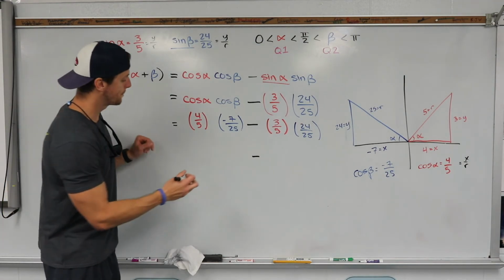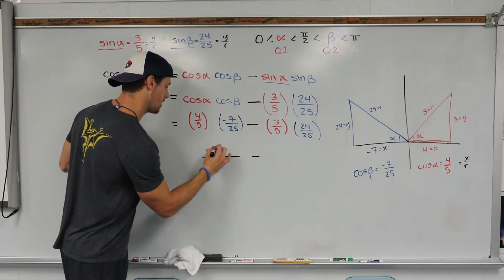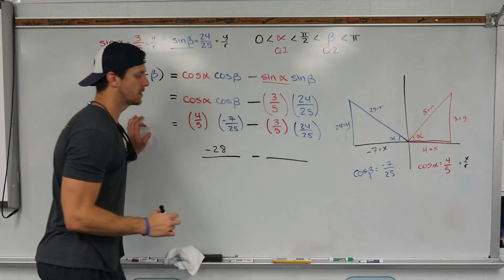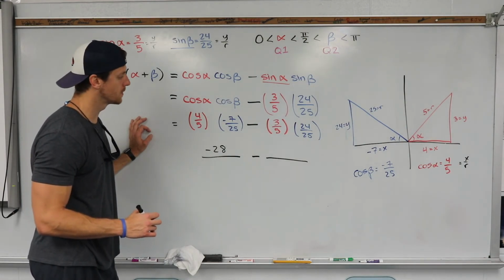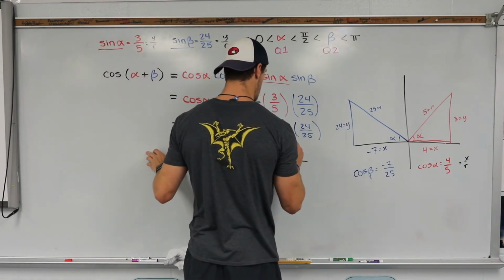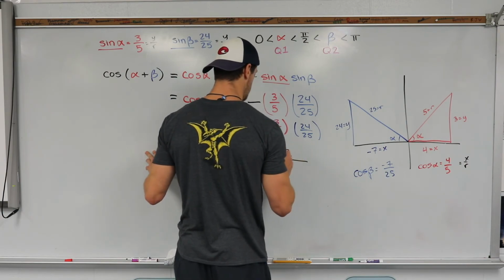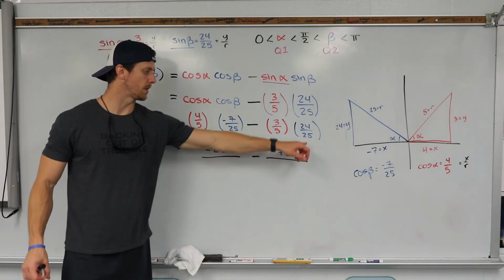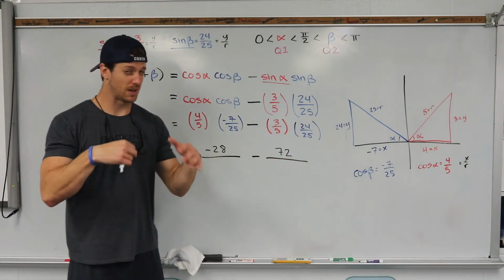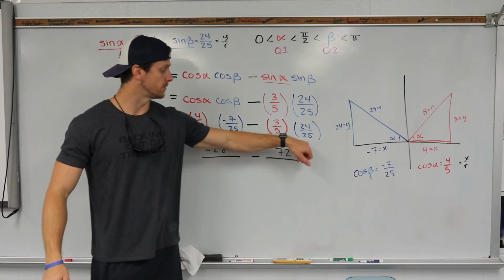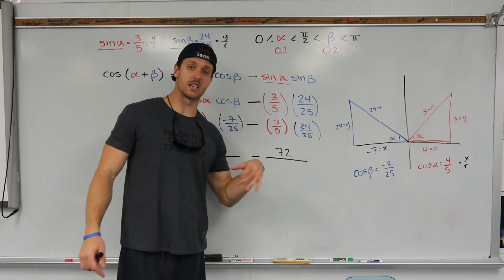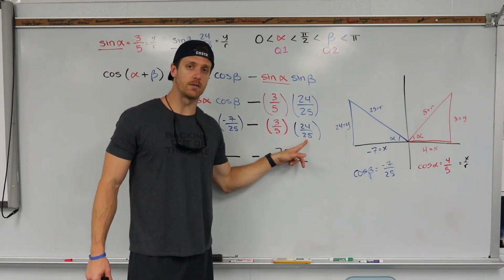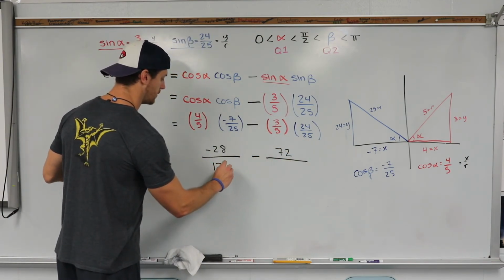That's a negative what? 28. 3 times 24, right? It's going to be 72. And then 5 times 25. Well, think about this. This is how I always think about it if I'm multiplying 25 times something. 4 times 25, 4 quarters gives me $1, right? Well, here we have 5 quarters, that's $1.25 or 125 cents.